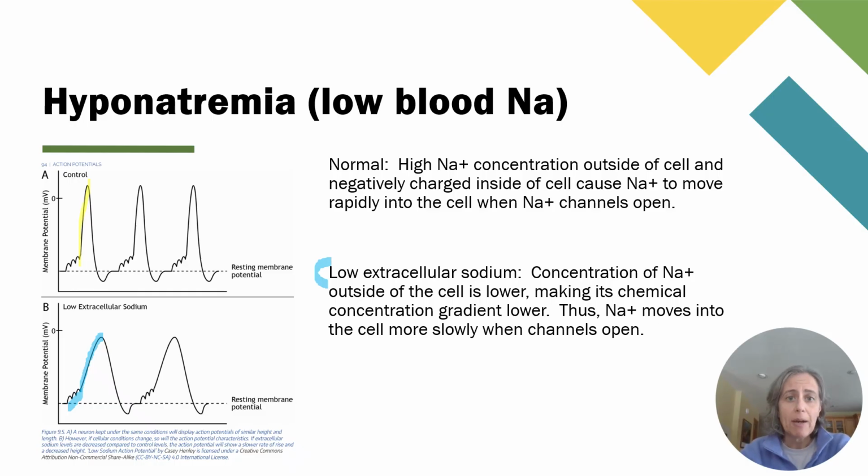Now, one of the interesting things about hyponatremia is because blood sodium levels are also really important for regulating osmotic action, or the movement of water via osmosis in our bodies, many of the symptoms of hyponatremia come because of that, but you can also get altered mental status, like fuzzy thinking, because your action potentials are firing more slowly if you have low blood sodium.